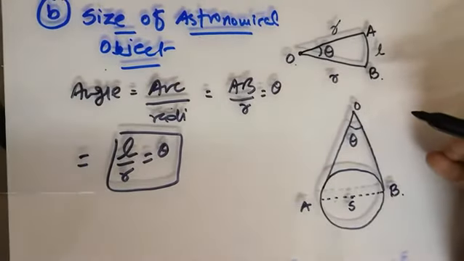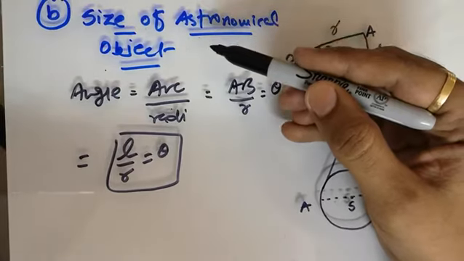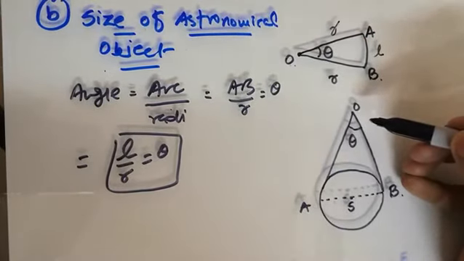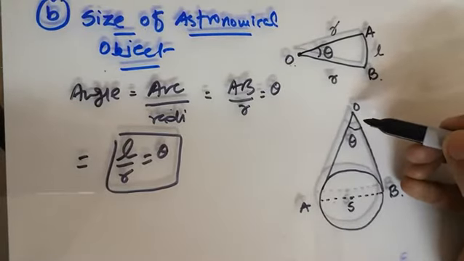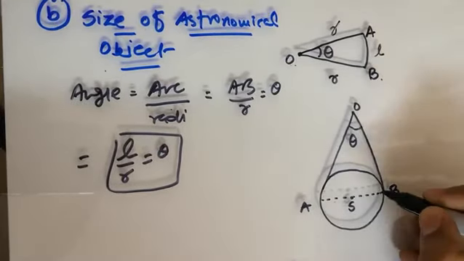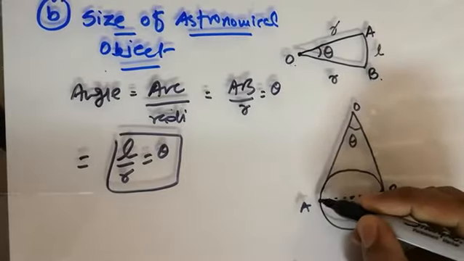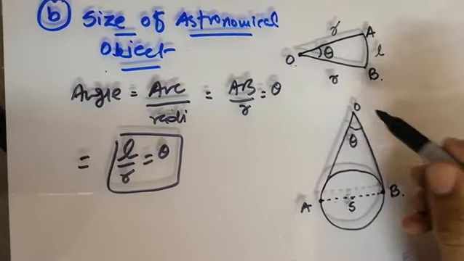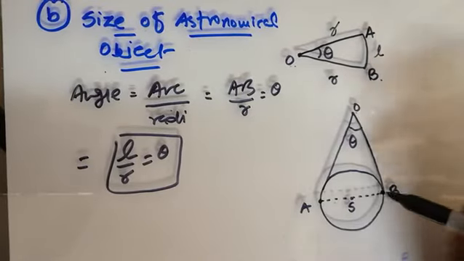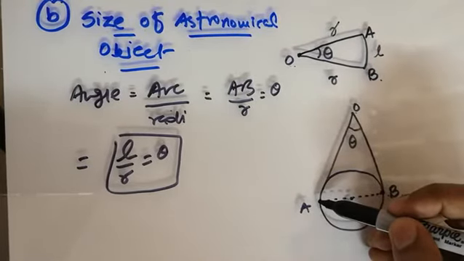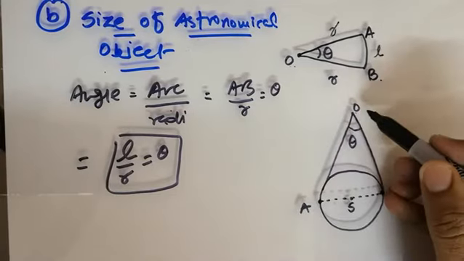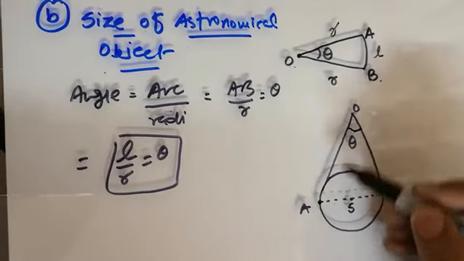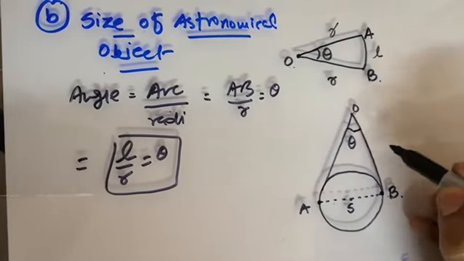Let's say I have discussed another method, the size of an astronomical object, which also contains the same formula, but it's a practical arrangement. If you observe, this is my surface of the Earth and these are two points on the Earth, A and B. From B to O I am observing, and someone is also observing the distance from A to O, and the point O, or some planet, is making two connected angles theta.